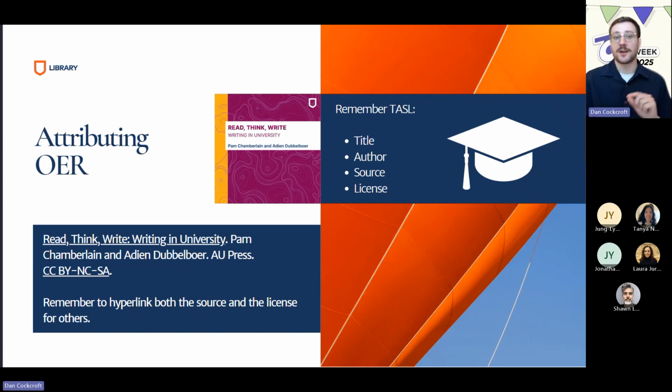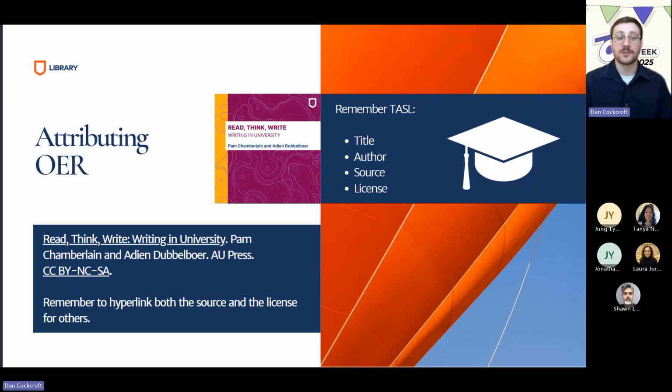Now, Read, Think, Write: Writing in University is linked to the original resource, so anyone can see where it lives, what it looks like, as is the license. So the license is linked to the license terms available on the Creative Commons website. If you remember, when we talked about Creative Commons licenses, we have some clues as to what the license means just by these letters.